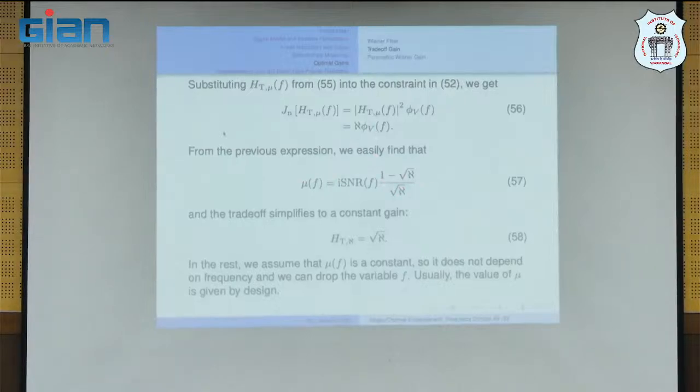So we have a nice relation between mu and aleph. Okay? So if we want this narrowband constraint to be satisfied, it means that the gain should be the square root of aleph. So it's very obvious.